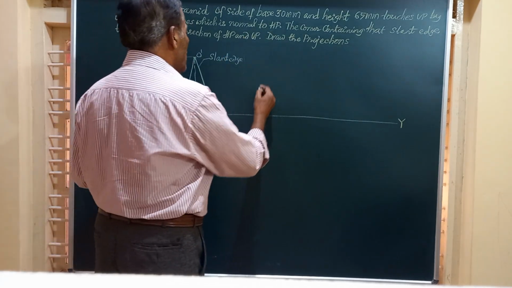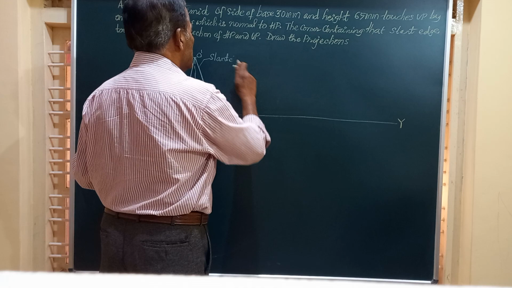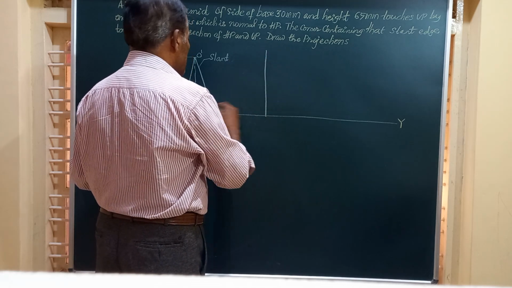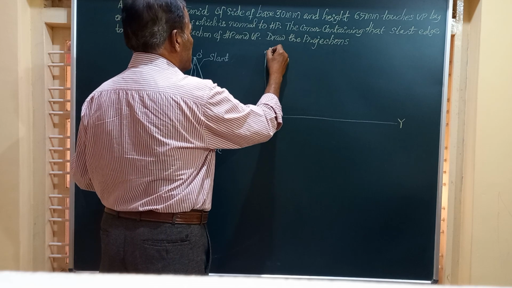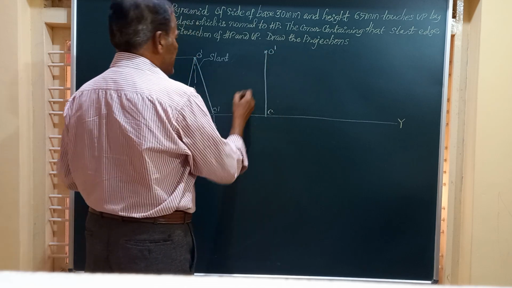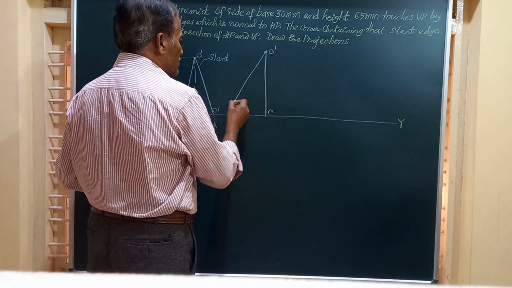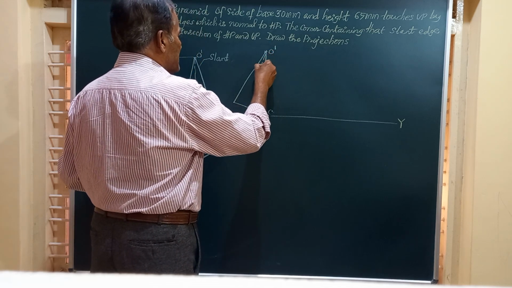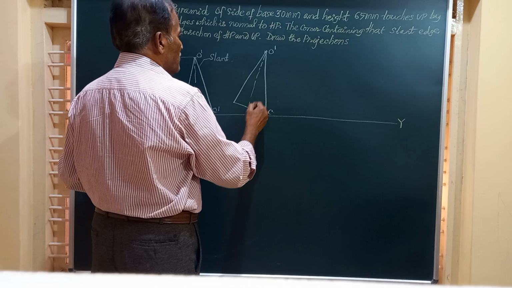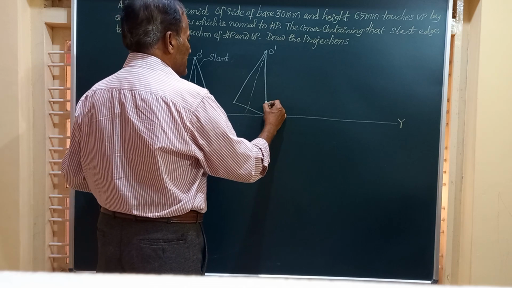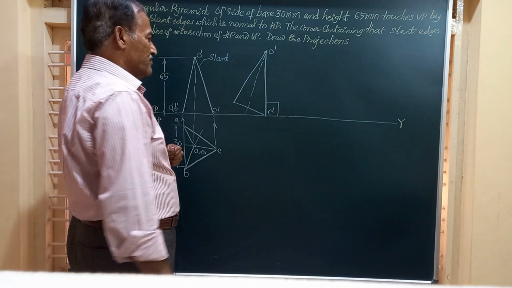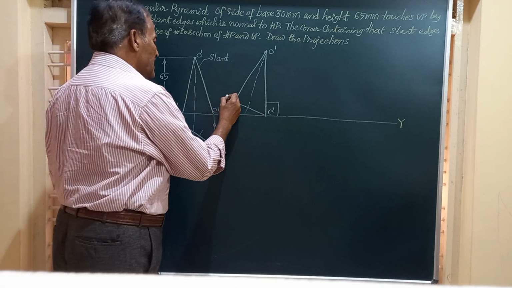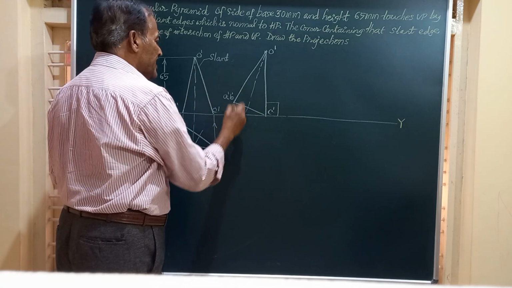So what I do, I redraw this front view, this O dash C dash becoming vertical, and friends, I complete this triangle now. The same triangle I have redrawn with the slant edge O dash C dash becoming perpendicular to HP. That's all. It was like this. Same thing I have redrawn here, and I mark it as A dash B dash.